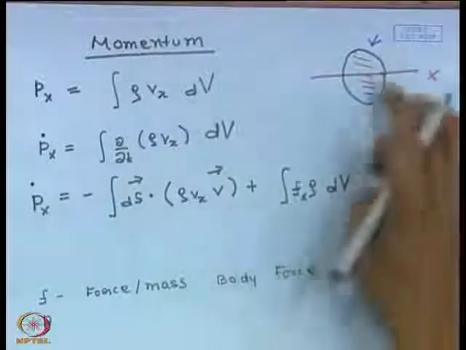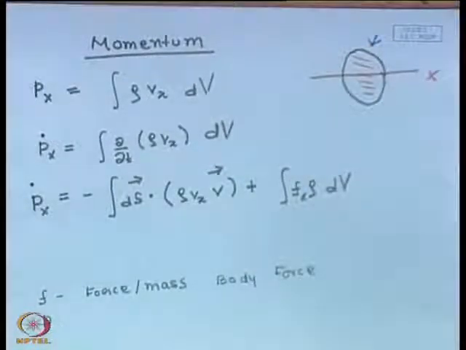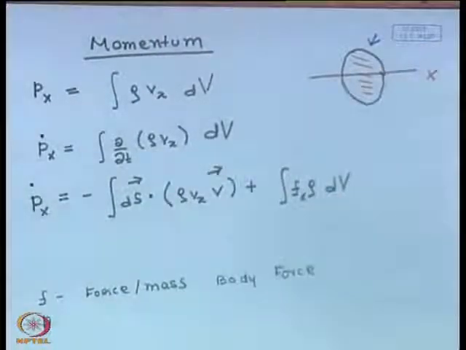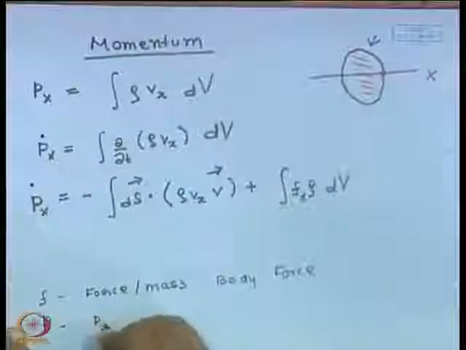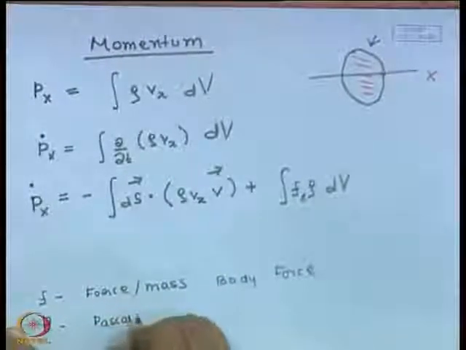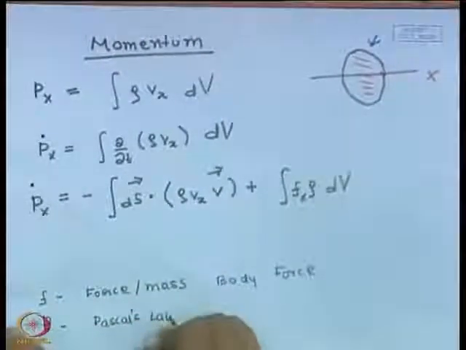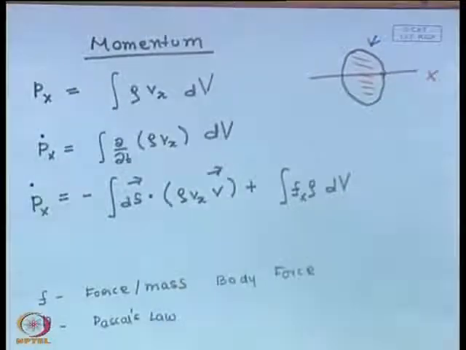So, if this surface is immersed in a fluid, we know that there will be pressure exerted by the fluid outside on this, and we know Pascal's law. So, this is called Pascalian pressure, right. Pascal's law says that the pressure is isotropic, same in all directions. Okay.